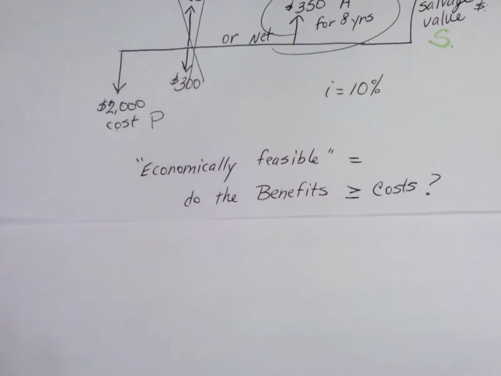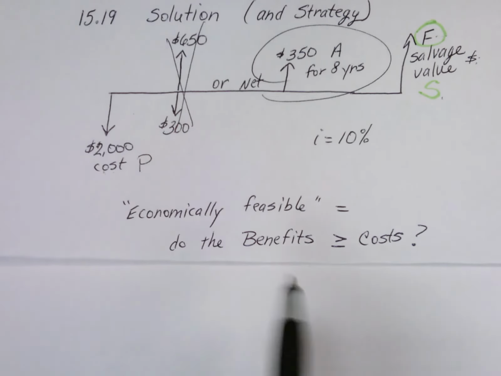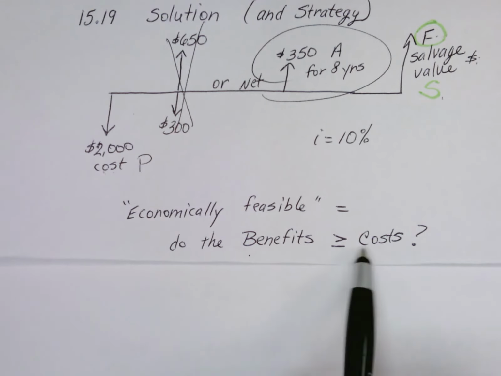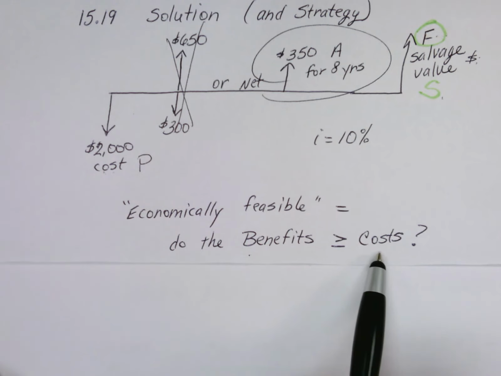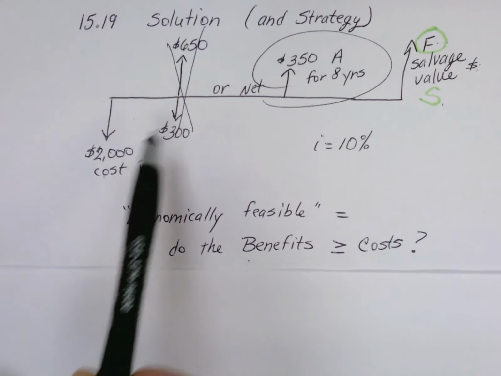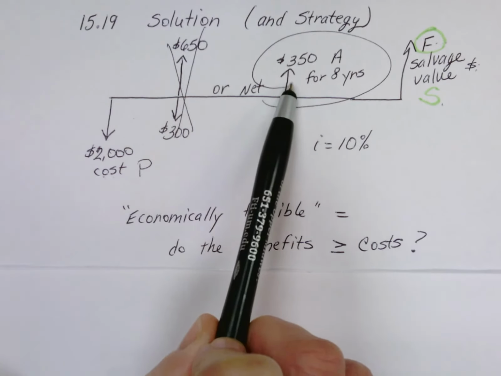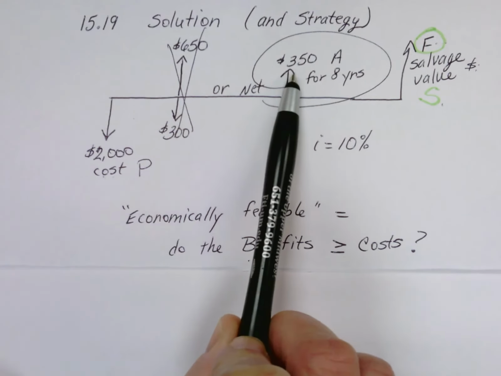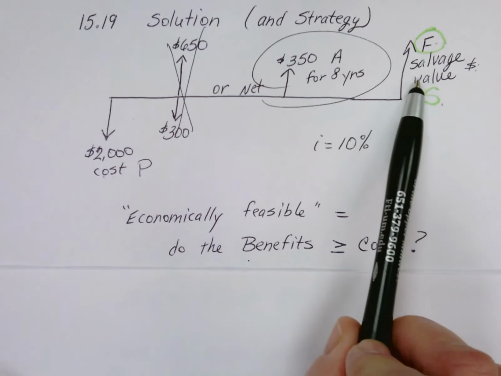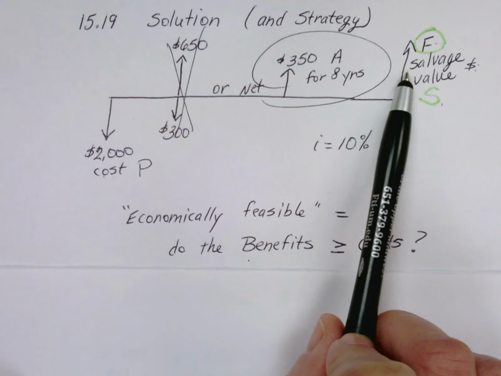So again, we have to figure out what the heck does economically feasible really mean. Basically, it means do the benefits equal or exceed the costs? So we can see from our timeline, we have cost initially. We have cost here, but we've netted it with benefits to make a net benefit. So this is a benefit, cash flow coming in the future. Here's a future benefit, the amount of proceeds we get from selling that machine in 8 years' time.